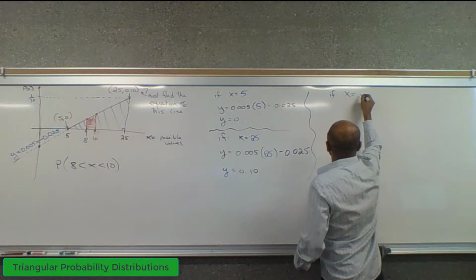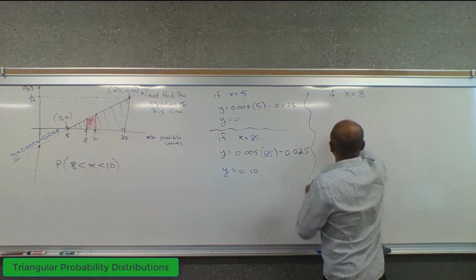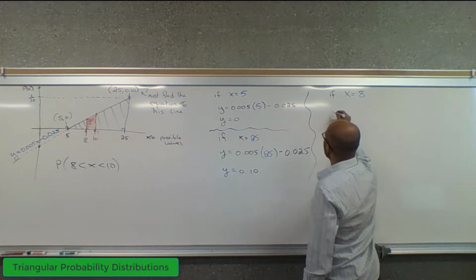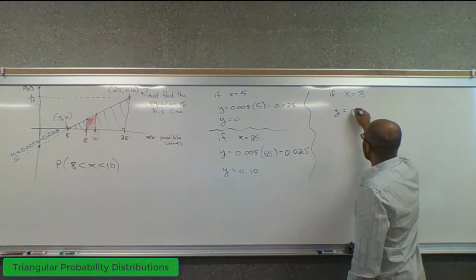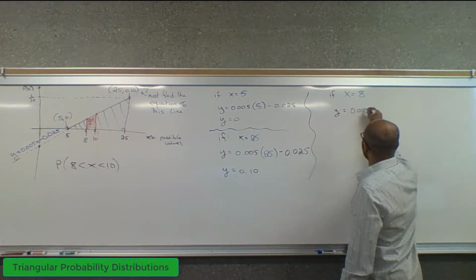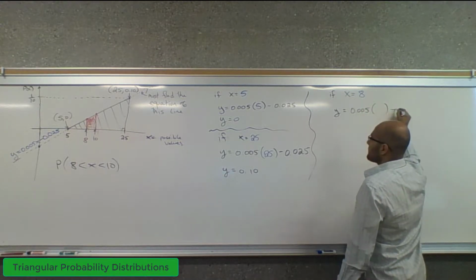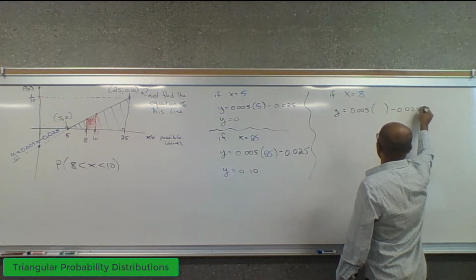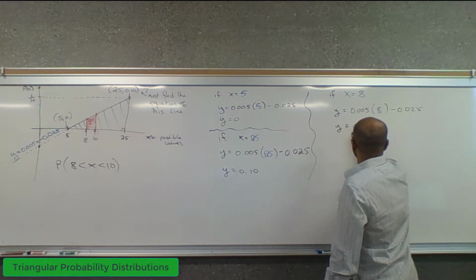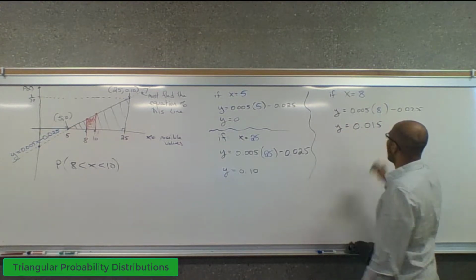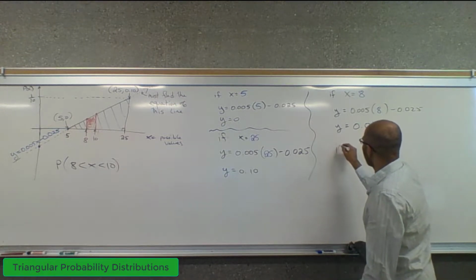If x is equal to 8, let's find out what the resulting value on that line is. So it's going to be 0.005 times 8 minus 0.025, and that should be equal to 0.015. Check my math there.